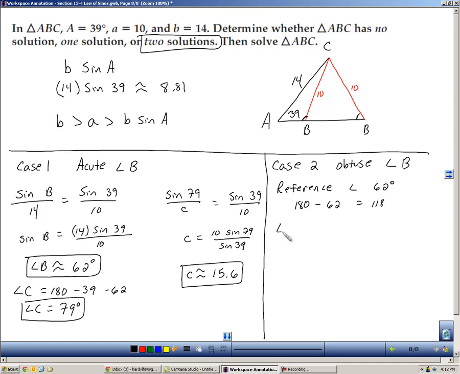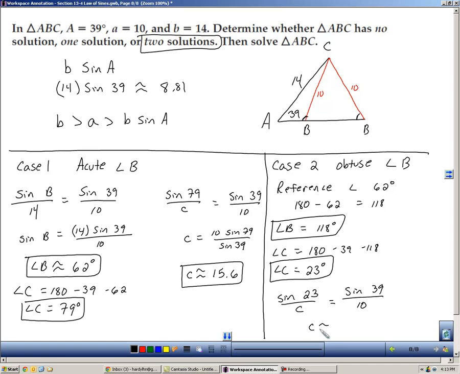So the obtuse angle that has the same sine as 62 is 118 degrees. So that's how we know what our angle B is for the smaller triangle. And then to find angle C, we take 180 minus the 39 and the 118. So angle C is 23 degrees, and then we can use law of sines to find the side C.